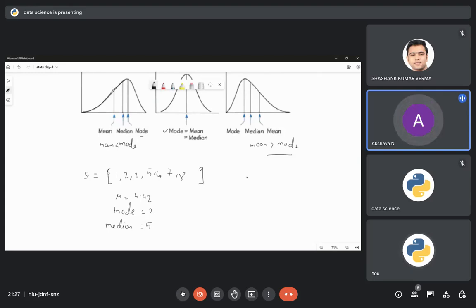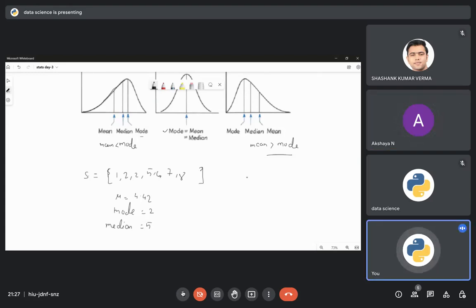So mode is less than median. So it's a positive skewed data set, following this criteria. So now you understood that with a data set, you can say whether it's positively skewed, negatively skewed, or symmetrical. Yes, sir. That's my question. Okay, fine.